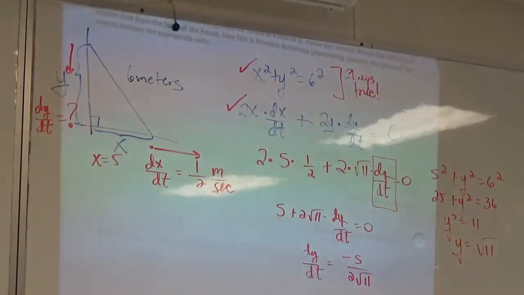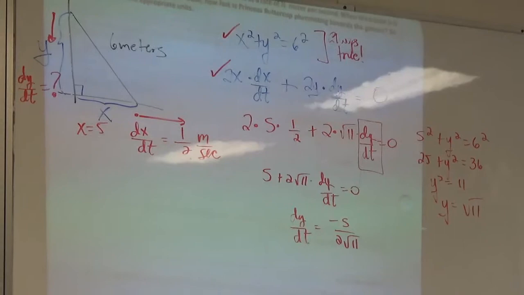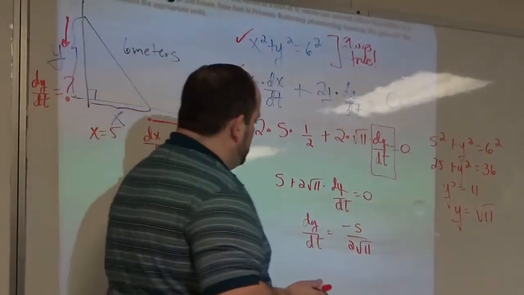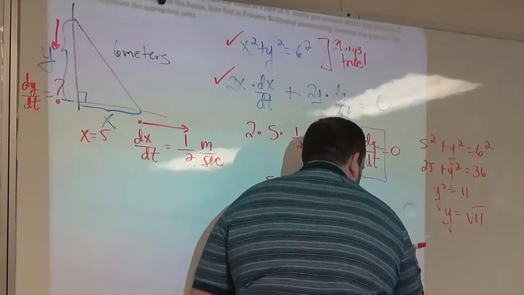I'm getting dy/dt is negative 5 over 2 square roots of 11. Anybody else coming up with that? Okay, what are the units? What do the units have to be? Christian, what do you think those units have to be? Meters per second, because?